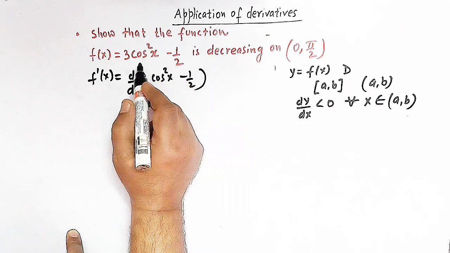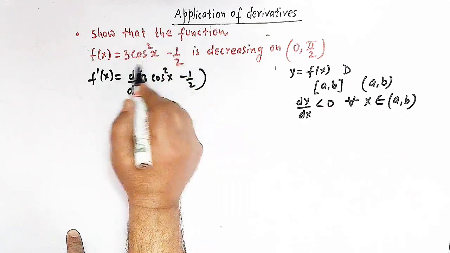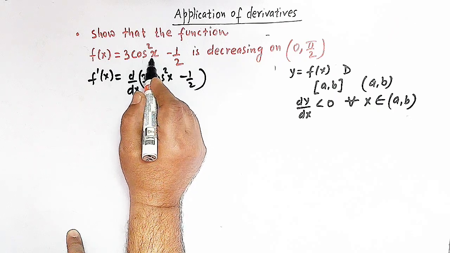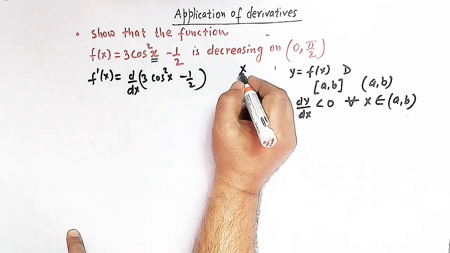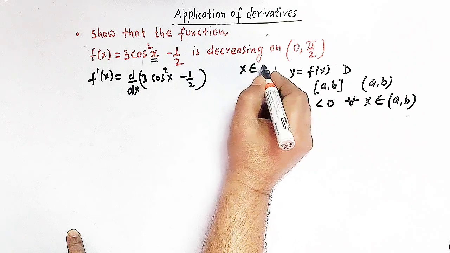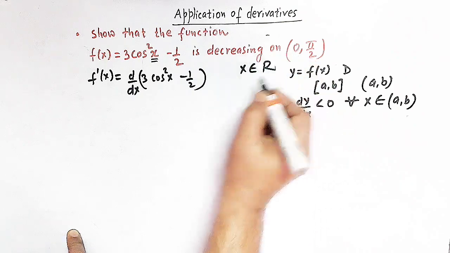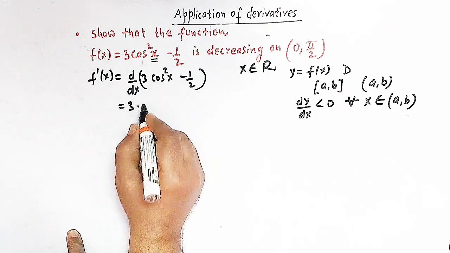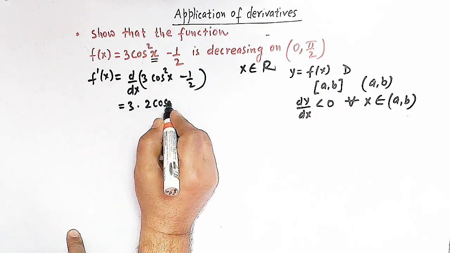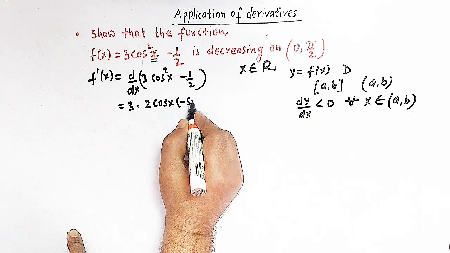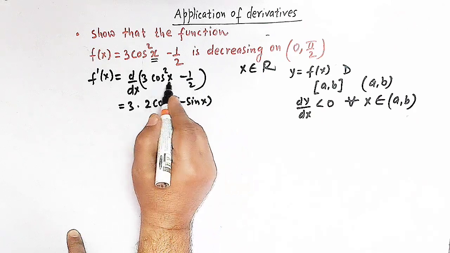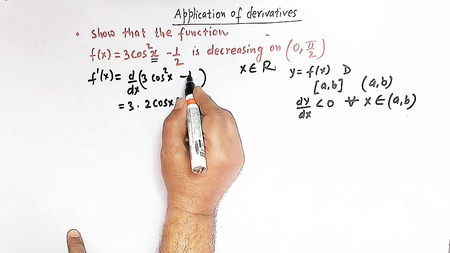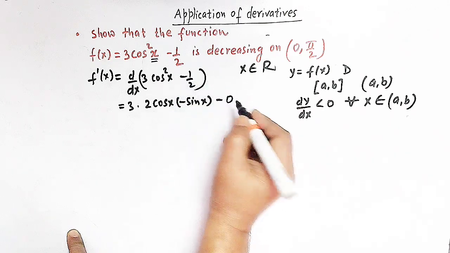It is important to note that the domain of this function is the set of all real numbers, so x belongs to R. The derivative of cos square x is 2 cos x, and then by chain rule we have minus sine x, since the derivative of cosine x is minus sine x, and the derivative of half is 0.